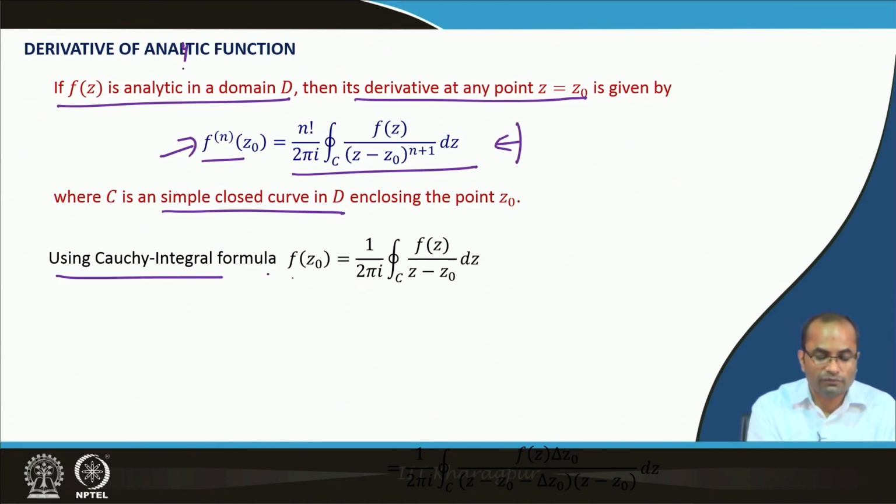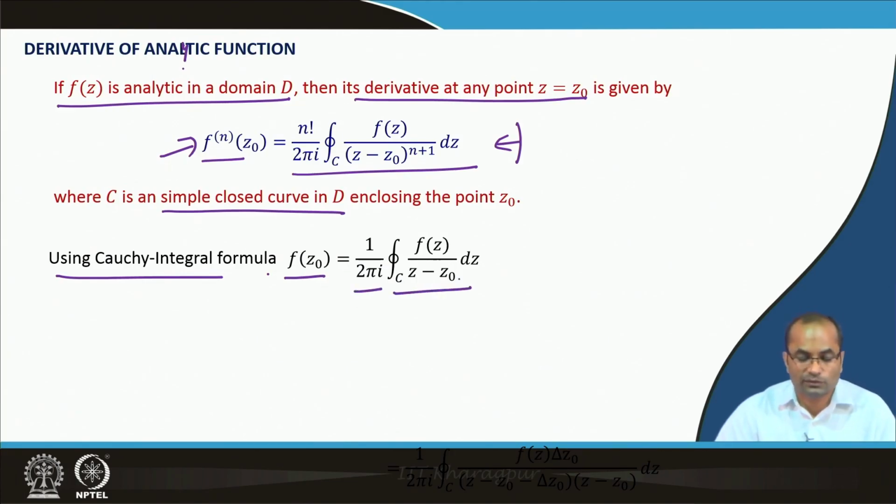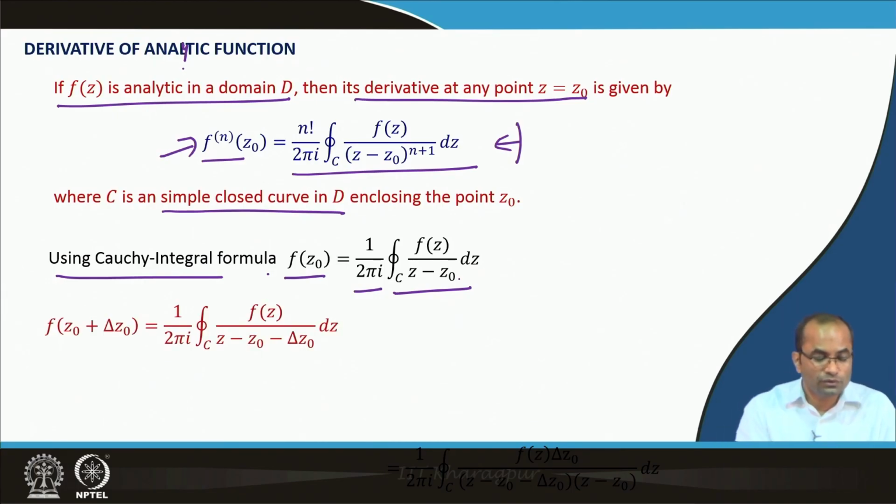The Cauchy integral formula says that f(z0) is 1 over 2 pi i times the integral of f(z) over (z minus z0) dz. From here we can derive its first derivative, and then it can be generalized. For the first derivative, let us make an increment, f(z0 plus delta z), and apply the fundamental theorem of differentiability.